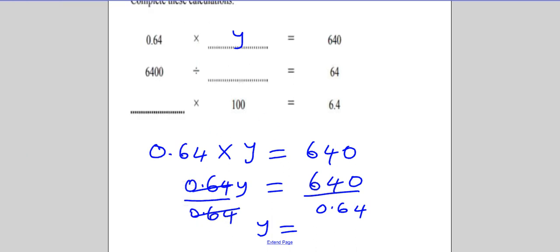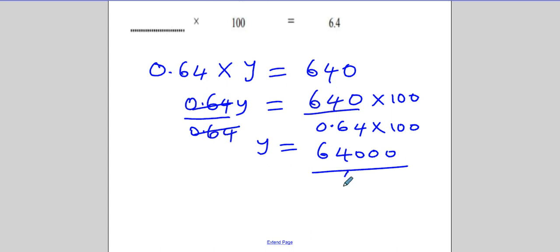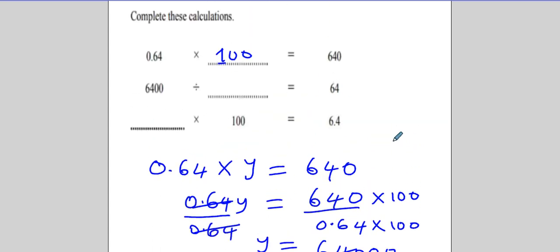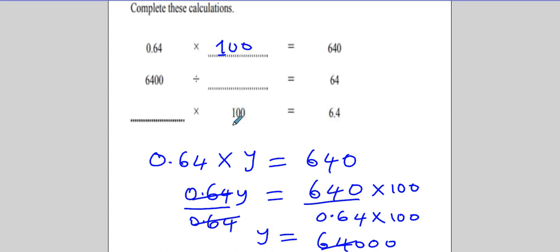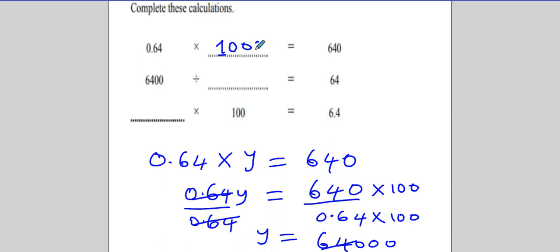So 1000 is missing over here. If you don't want to use a calculator, you can just multiply by 100 up here. Why 100? Because we have two decimal places over here. So that will be 64000 over 64. Cancel that, y will be equal to 1000. What did the calculator give me? Yes, 1000.